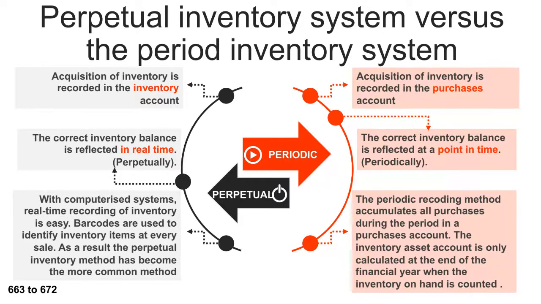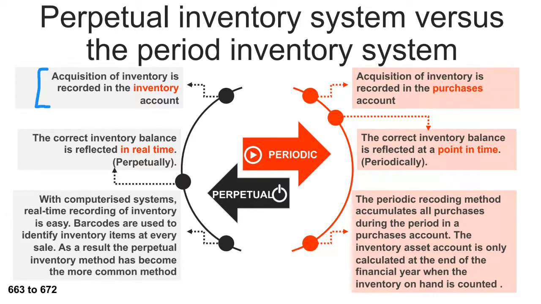And so let's talk a little bit about why that is, right? The first thing is that with the perpetual inventory system, we use an account called the inventory account, right? That inventory account can be broken up into three different parts in a manufacturing industry: the raw materials, work in progress, and the finished goods.